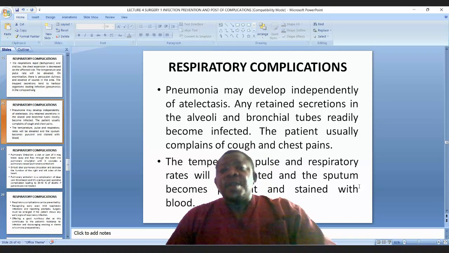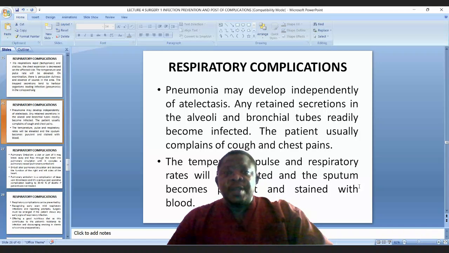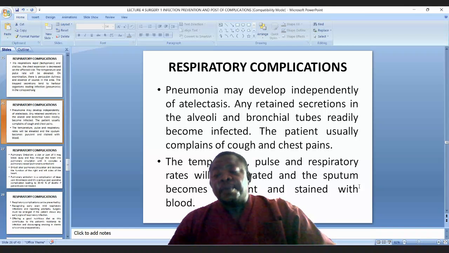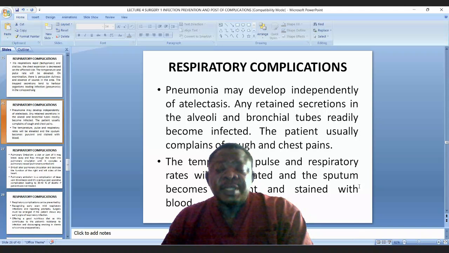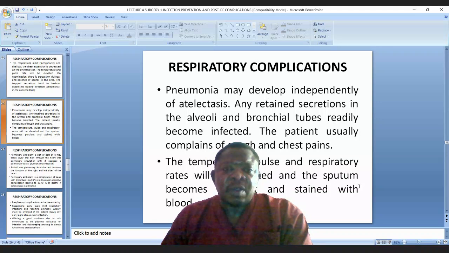So if the patient postoperatively is in bed for a long time, it reduces lung expansion, leading to stasis of secretions, and those secretions become a source of infection. So patient may suffer from hypostatic pneumonia. The temperature, pulse, and respiratory rates will also be elevated, and the sputum will become purulent and stained with blood because of stasis of secretions.